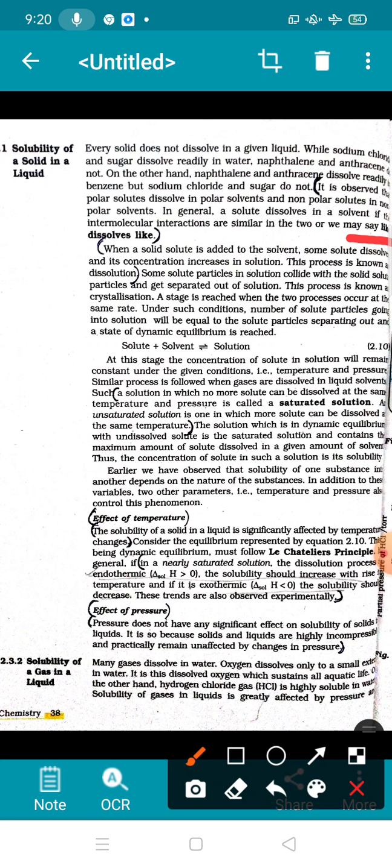So here you have to go back to the concept of thermodynamics. We know that endothermic processes are favorable at high temperature by considering the formula delta G equals delta H minus T delta S. I'll go back to this later when we discuss the solubility of gases.